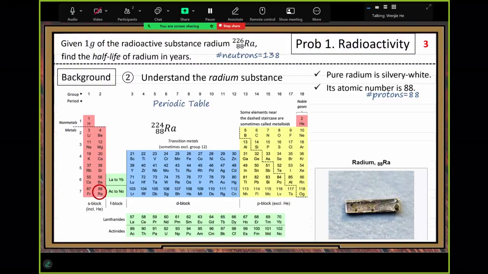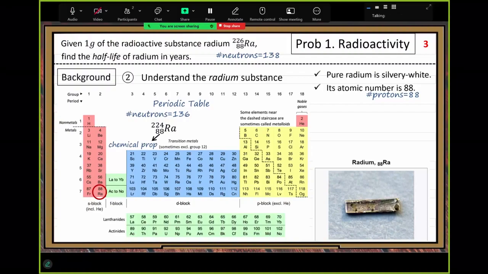Okay? All right. Then we also need to understand, we want to compare these two isotopes of the radium. The number of protons determines the chemical property. Okay? That means these two isotopes have the similar or same chemical property, because same number of protons.